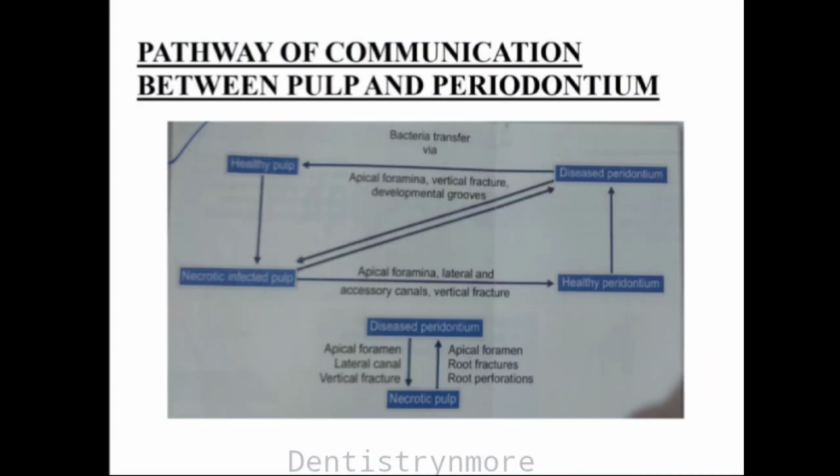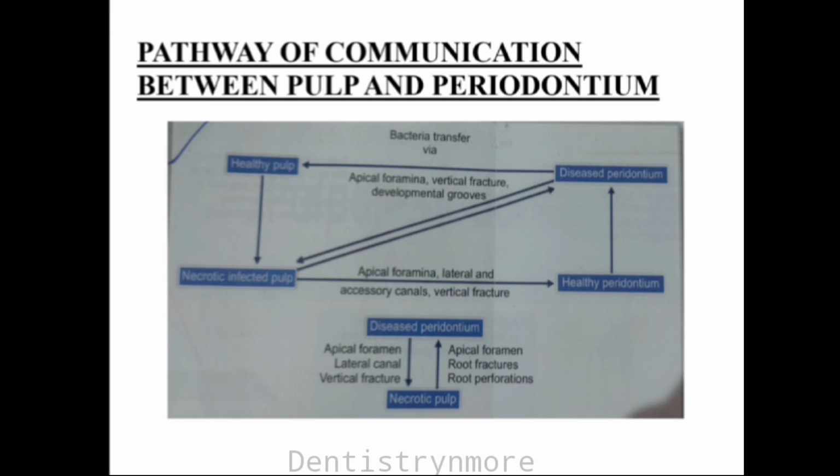Now we are moving to the pathway of communication between pulp and periodontium. This is the flow chart showing the pathway of communication. The infection can occur from both the pulp as well as the periodontium. In the flow chart you can see a healthy pulp that turns into infected pulp, and from there the healthy periodontium turns into diseased periodontium.